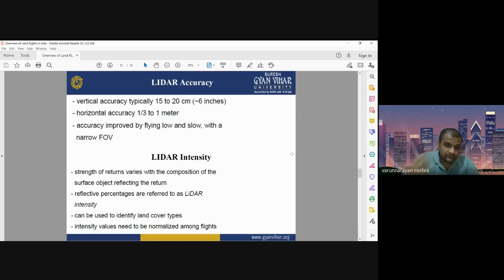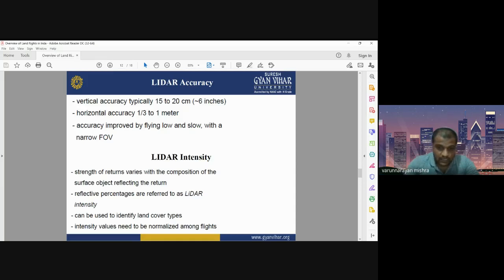If it is highly reflective, you will have high intensity values. If it has a low reflective percentage, you will have low intensity values. So depending on the reflectivity and composition of the object, we may have different intensity values, and these can be used to identify land cover types.